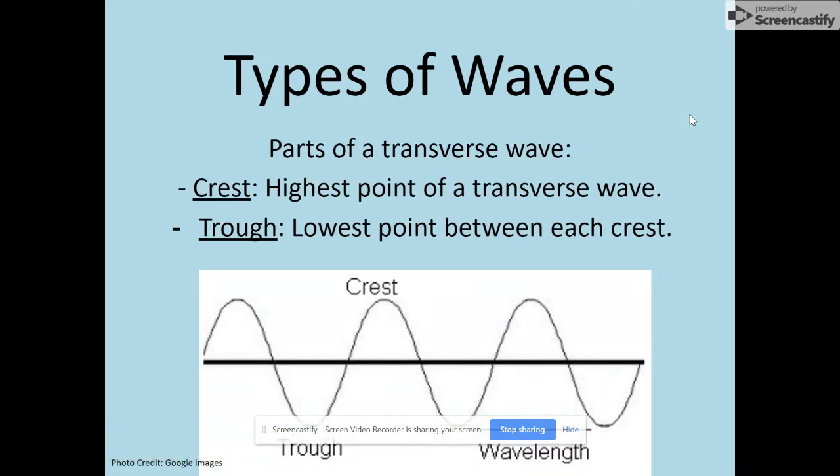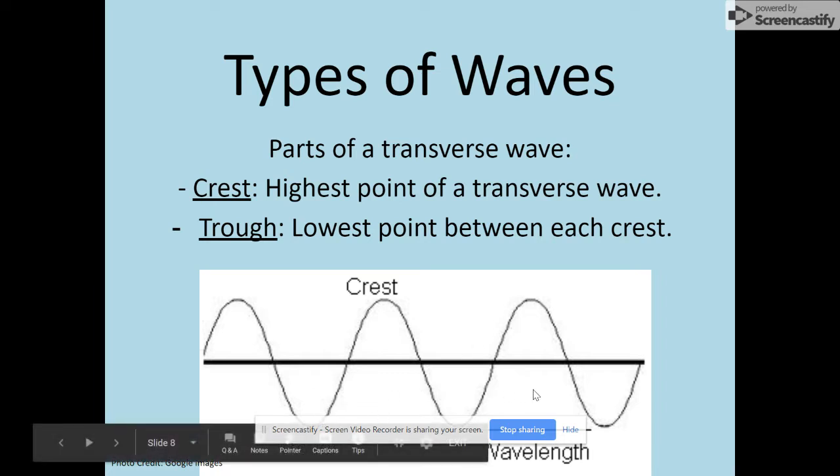Okay, so just generically speaking about waves and the types of waves. Our parts of a transverse wave: the crest, that's that high point. The trough is the lowest point between each crest. So the crest is the top portion here. Any of these top portions is a crest.